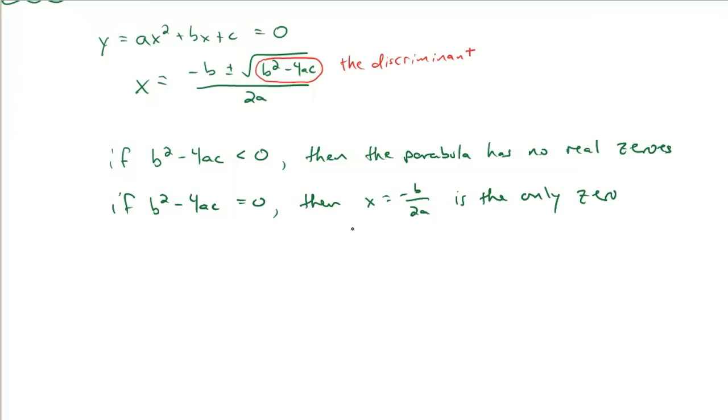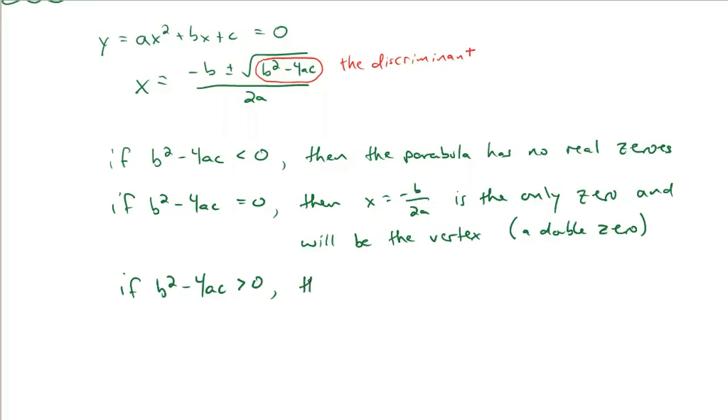And notice that it falls on the axis of symmetry, which means that the 0 will be the vertex. Okay, some people call this a double 0 because one point is playing the role of 2. And if b squared minus 4ac is positive, then the parabola will have two zeros.